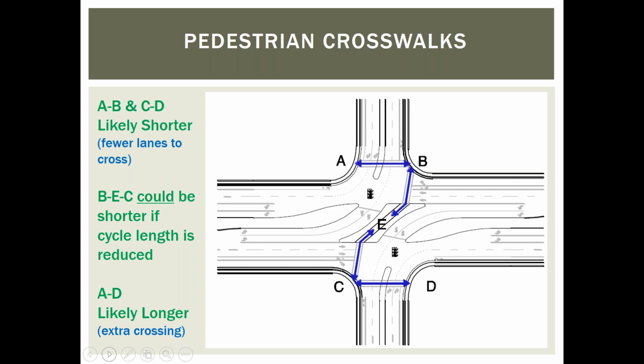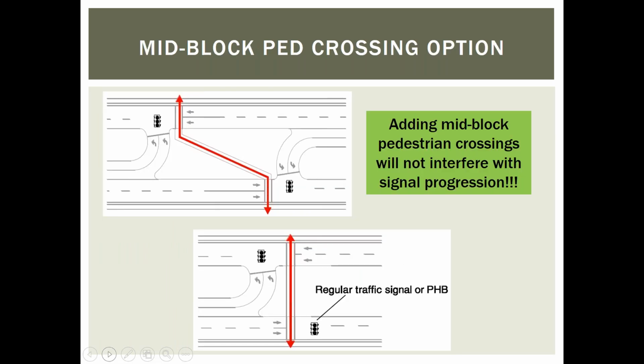Going from B to C, that could be shorter, could be. It's even with a 2-phase crossing, because it's still 2 phases, but going from B to C under a traditional intersection would be 2 phases anyway. So it depends on where the pedestrian is going, where they're starting and where they're going.